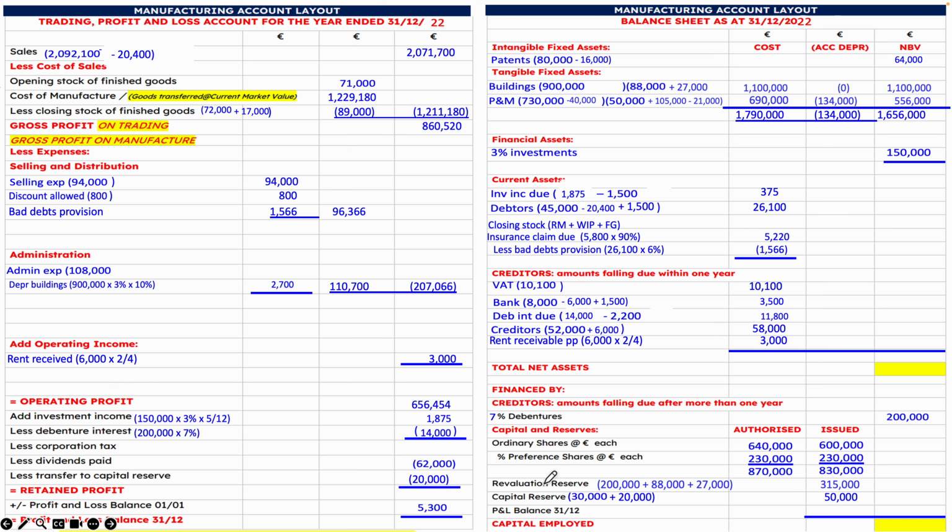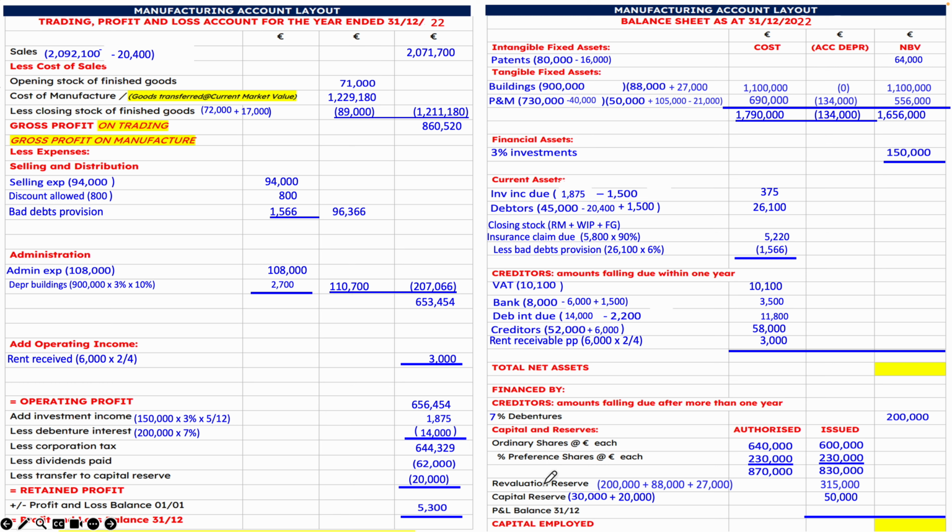Our selling and distribution expenses, we tot them all up. We get 96,366. Admin expenses, we get 108,000. Tot the admin expenses up, 110,700. Add that to the 96,366. That gives me 207,066. We take that away from our gross profit, and then we get 653,454.